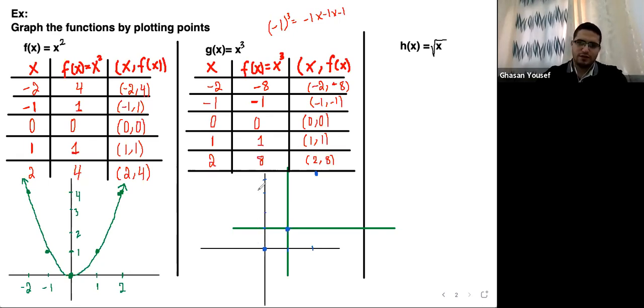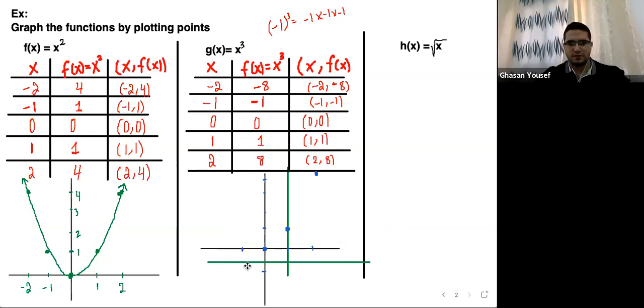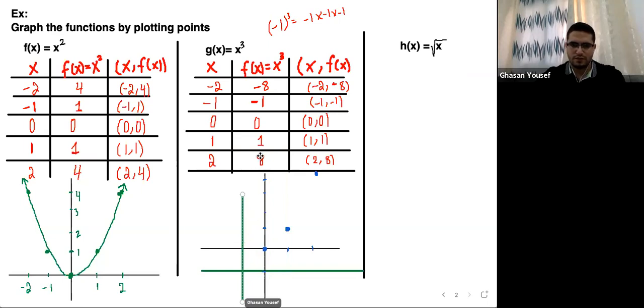The same thing for the other side: at -1 and 1, here is the -1, and here is the 1. At -1 and -1, here is the -1, and also here is the -1. So the point should be at the intersection. The point should be here.